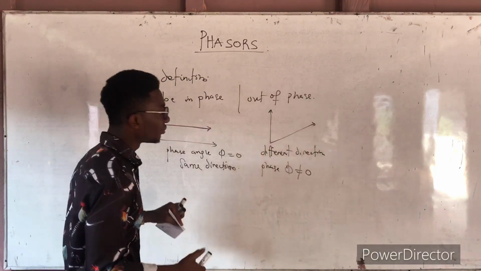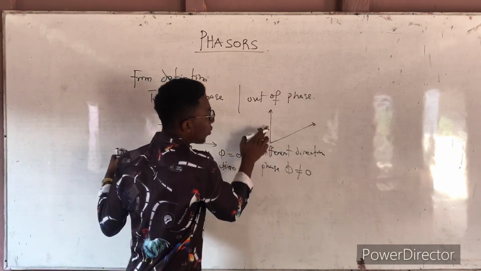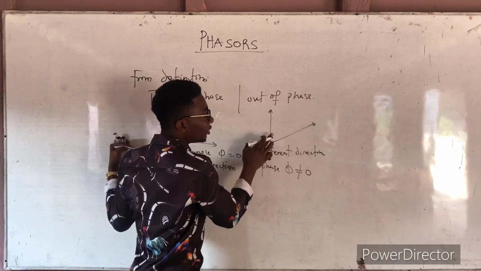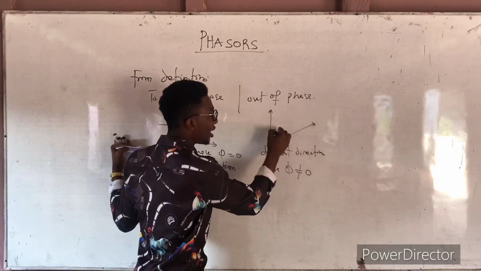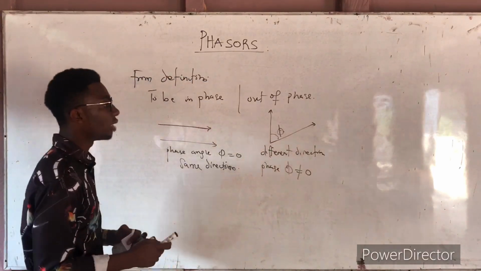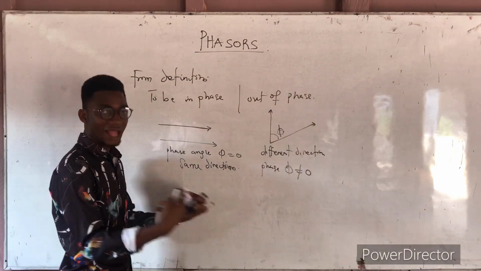What is the phase angle? The phase angle is the angle through which, when we rotate one of them, they will be in the same direction. So this angle becomes the phase angle.